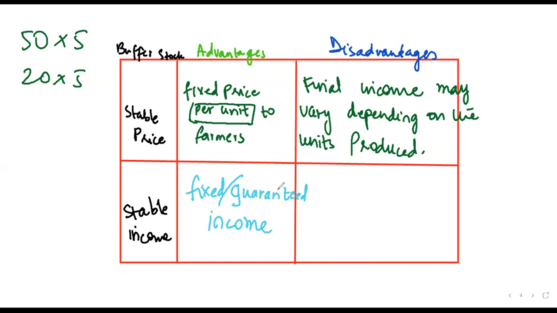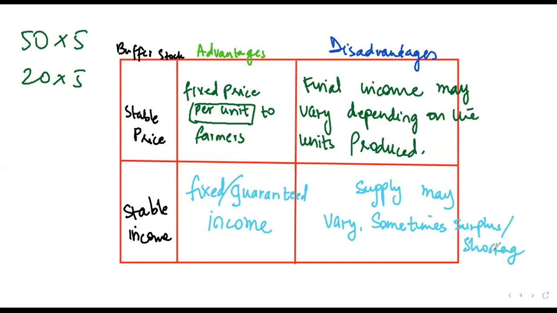Sometimes there will be a surplus, sometimes there could be a shortage. So supply may vary. Sometimes surplus or sometimes there could be a shortage as well.